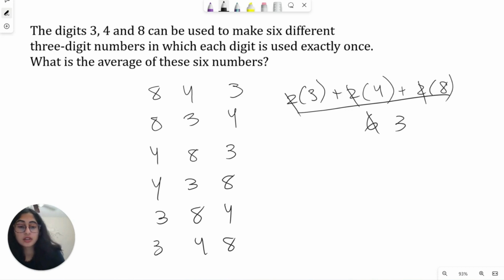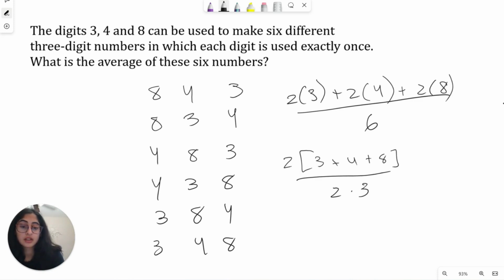You can also think of this, if that's not clear, as factoring out a 2, which will leave you with 3 plus 4 plus 8 all over 6, which is 2 times 3. So these will cancel out, leaving me with this. And 3 plus 4 plus 8 is equal to 15 over 3, so our average is going to be 5.